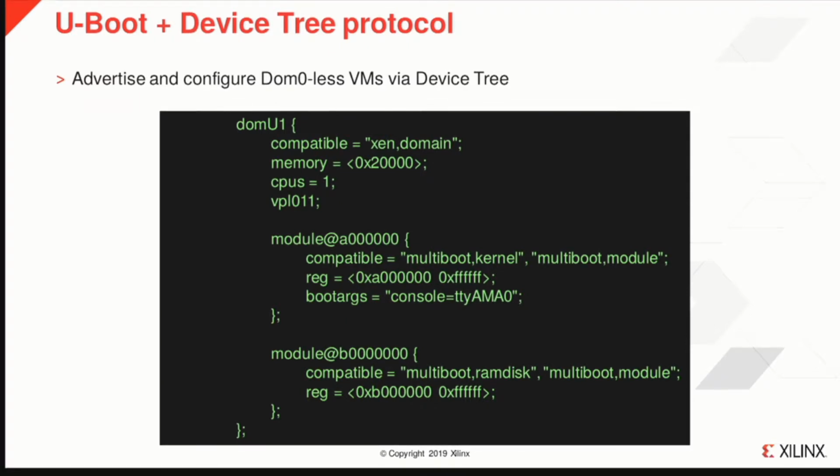Because you need somehow to tell Xen you don't need to boot just DOM0, but there are also yellow and purple to boot. And this is how you do it. So you add a node saying there is 1 more domain, with the memory in kilobytes of the domain, the number of vCPUs of the domain, and the VPL011 property to say please give a PL011 virtual UART, this is just for convenience. And then the presence of the kernel and RAM disk in memory, where they are. So this is the way, via device tree, for U-boot to tell Xen what and where you need to boot.